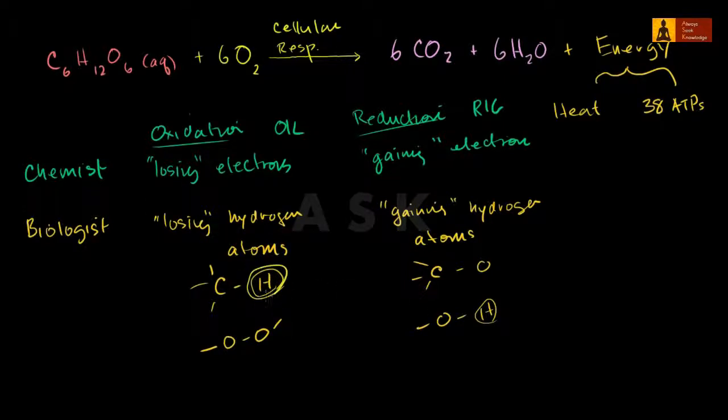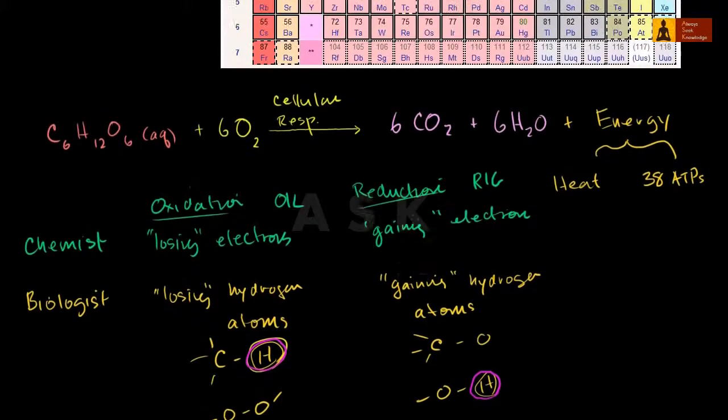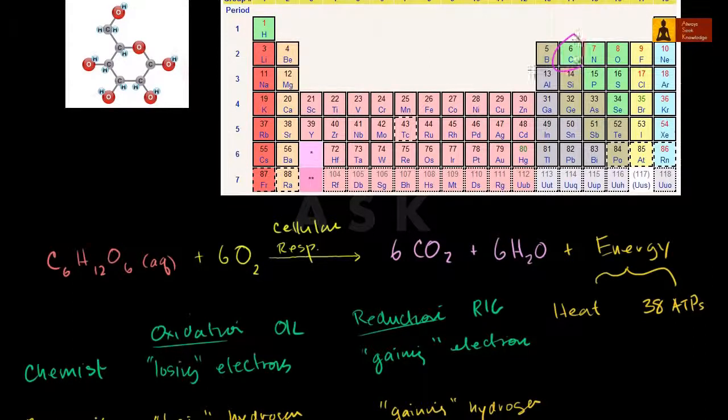The hydrogen went from this carbon to this oxygen, and the biologist would also say that this oxygen has been reduced because it gained hydrogens. But the reality, or maybe the chemist definition, which I like a little bit more, is that carbon is more electronegative than hydrogen, and oxygen is even more electronegative than carbon.